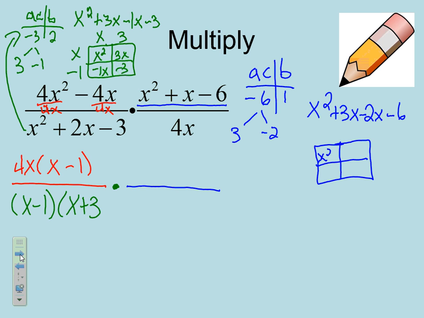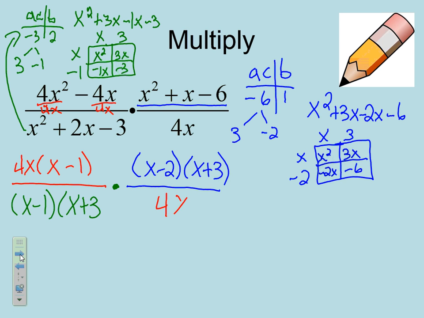I get x squared, 3x, negative 2x, negative 6. Greatest common factor, so we get negative 2, x, x, and 3. Put that over here. X minus 2, x plus 3. Now I have 4x on the bottom. I can't simplify that, so I'll leave it as is. So I'll put 4x here.